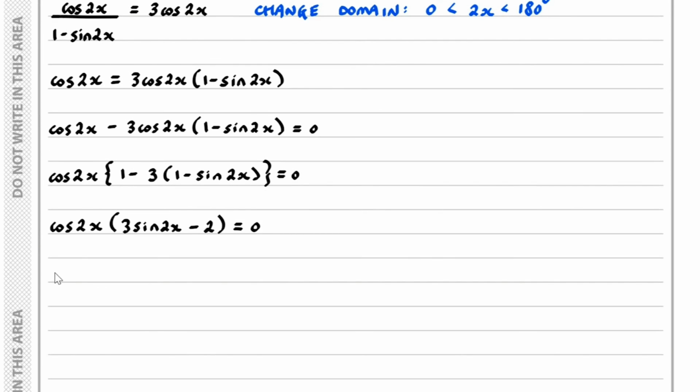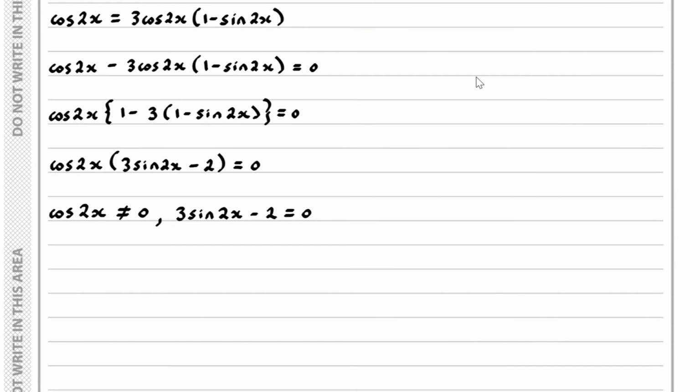And so what we have then is cos 2x, which doesn't equal 0, we were told that in the question, or we've got 3 sin 2x subtract 2 equals 0. And we need to solve this in between 0 and 180.